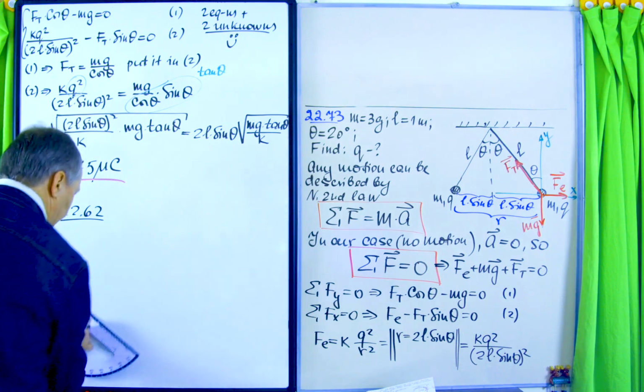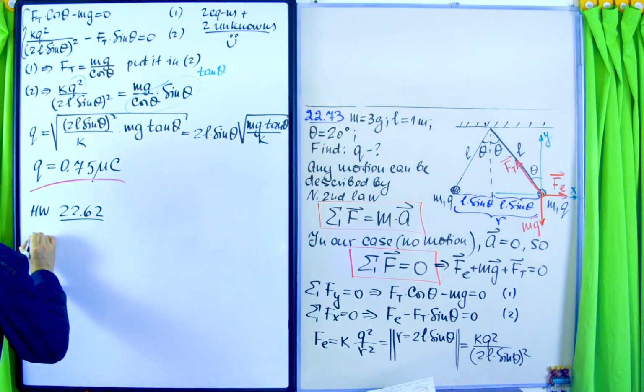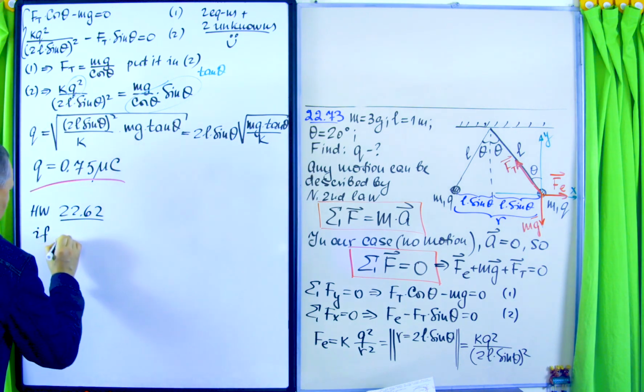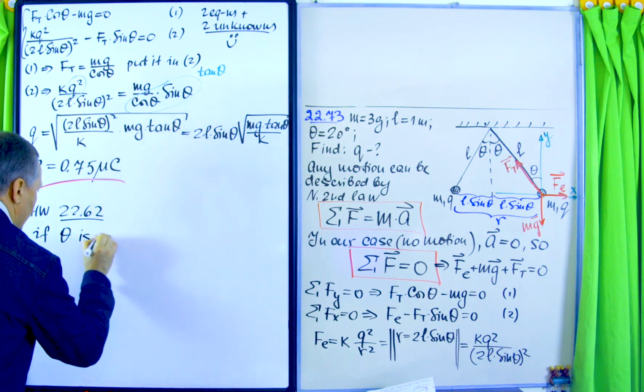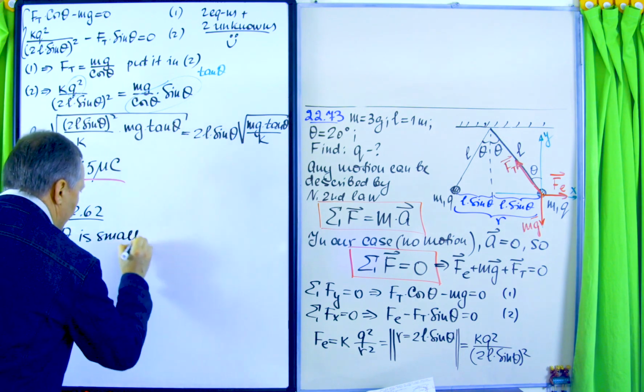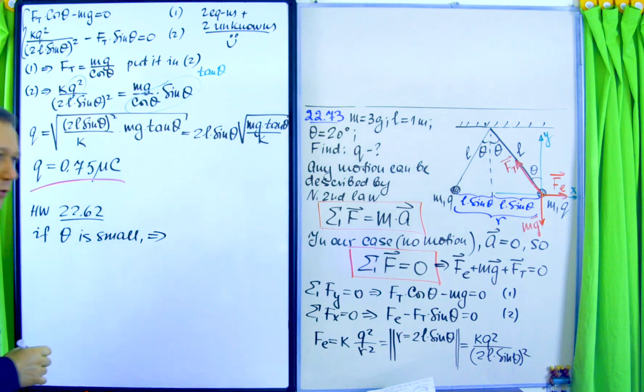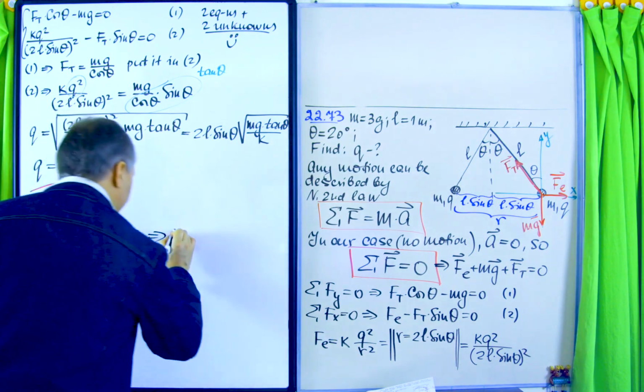So let me write this. If theta is small, then you can use what is called Taylor expansion.